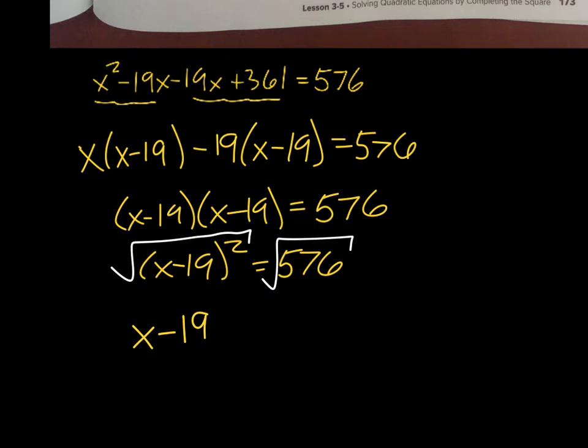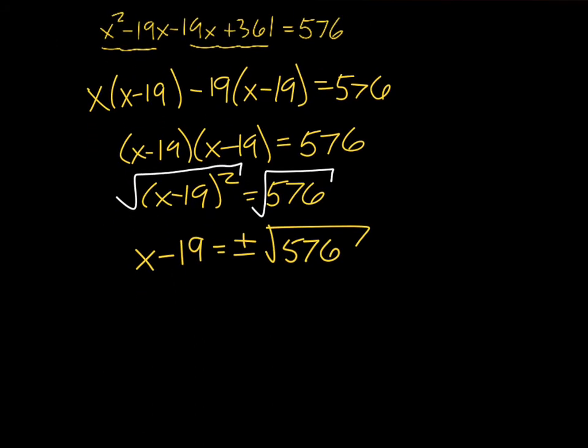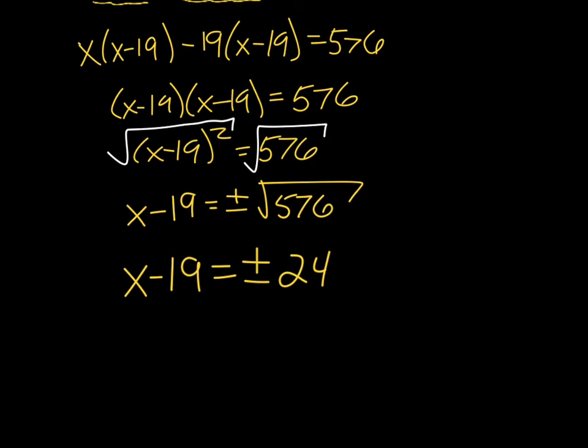Everything left over though. I'm going to write it out, make sure you get the plus and the minus square root of 576. But there is a square root of 576. 24. Add 19 to the other side.